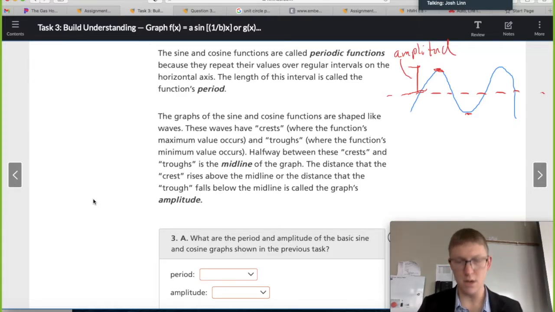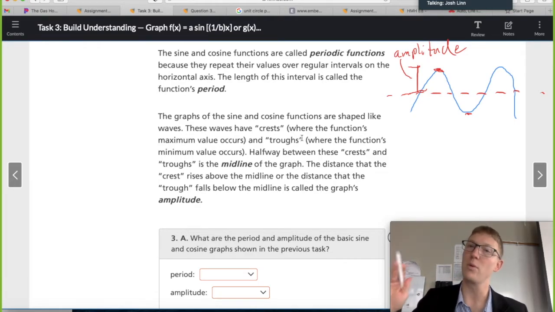That's something you should know. So the amplitude is going to be the same whether you're going up or you're going down. Because remember, if you think about our sine wave or our cosine wave, the top was 1, the bottom was -1. So that is called our amplitude.